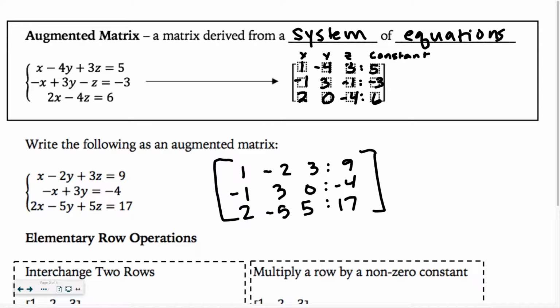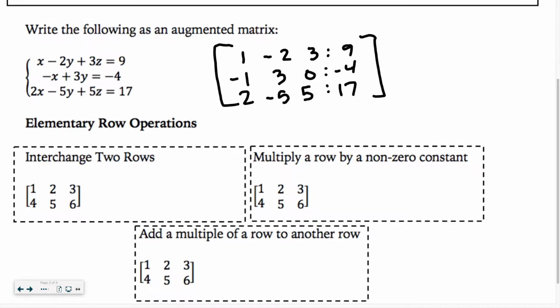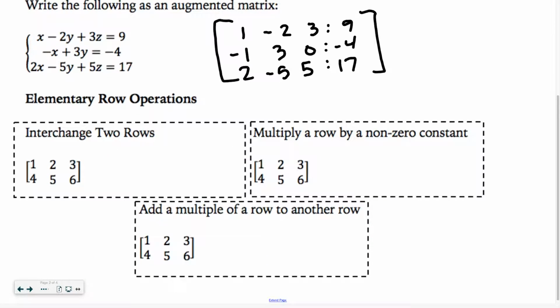Check your second equation, make sure you put the 0 in for the z, right? All the z's should be in the same column, all the y's should be in the same column. If you were ever to come across a system where they had them jumbled, you would make sure to pay careful attention to order. That's really important in a matrix. Okay, any questions on the augmented matrices?